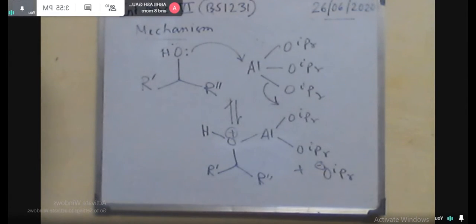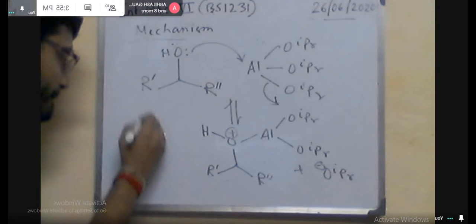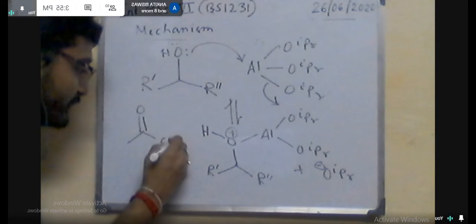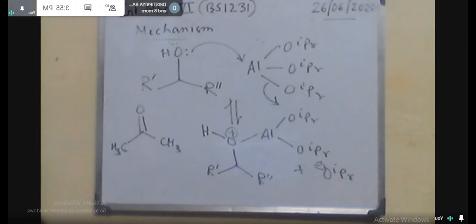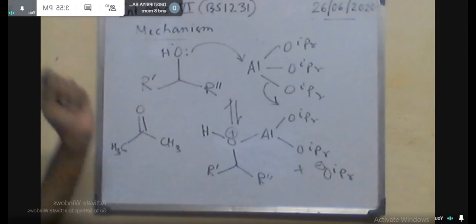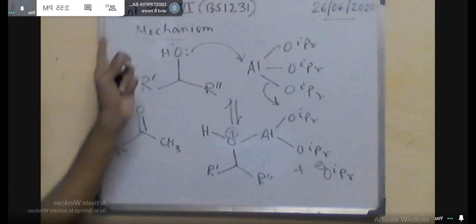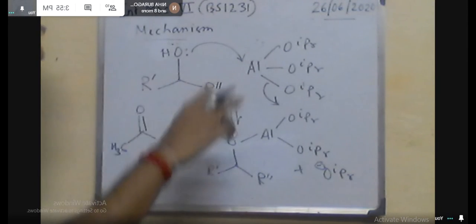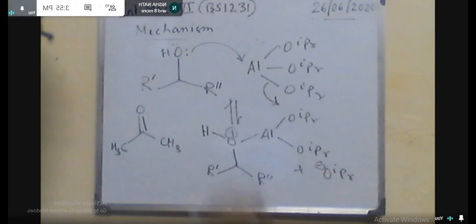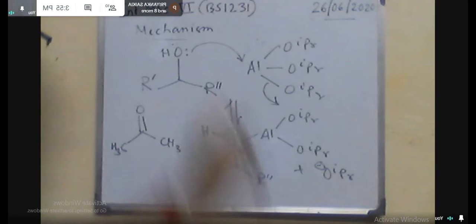So in this case, after formation of this intermediate, that means aluminium plus acetone.